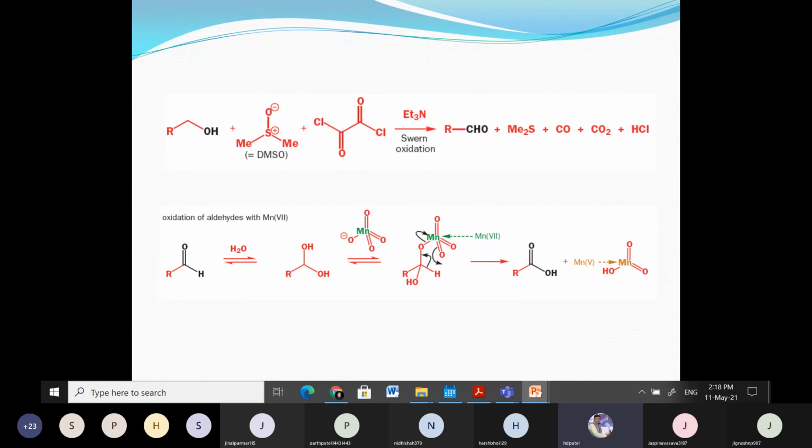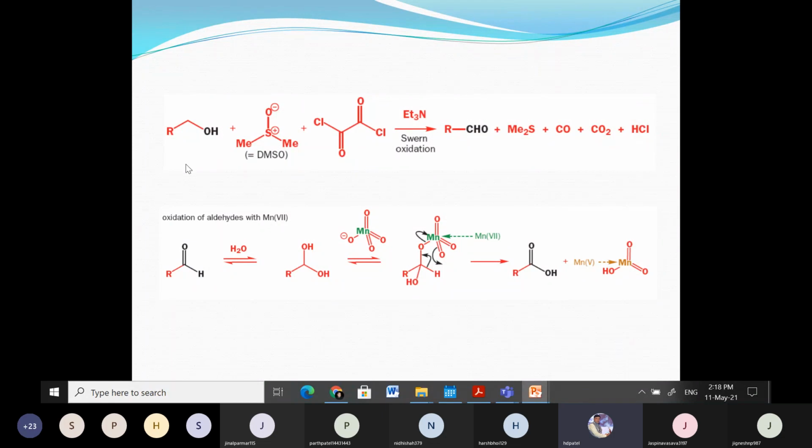If we have a primary alcohol, then by oxidation we will get an aldehyde, RCHO. If we have an aldehyde, then by oxidation we will get an acid. In the first reaction, the reaction is carried out by Swern oxidation.